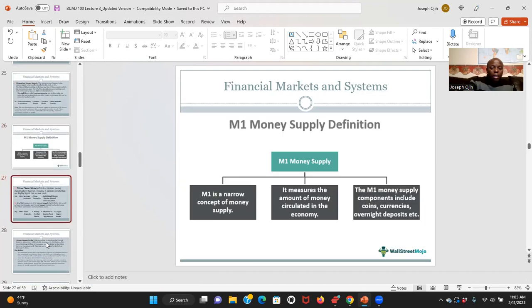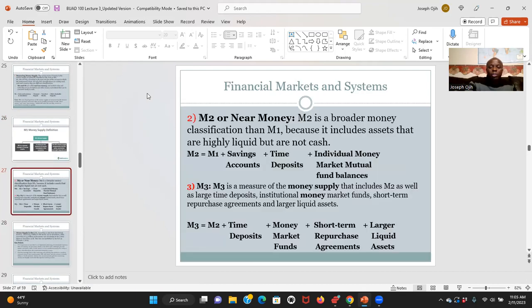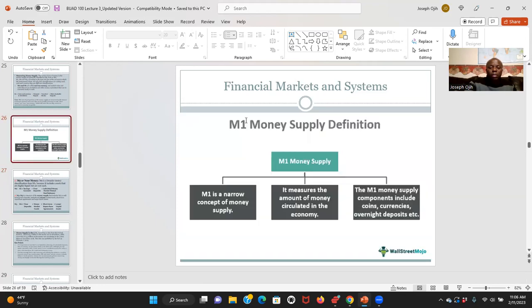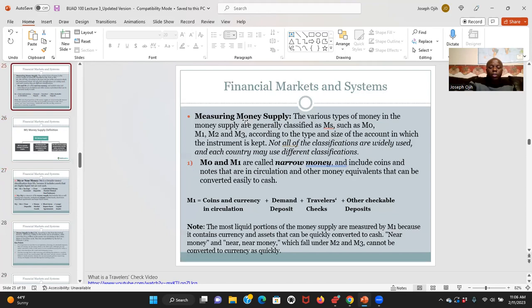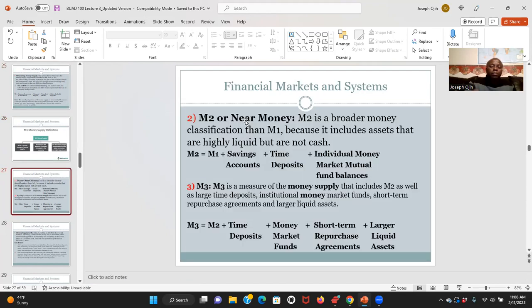Now, the second way of describing the money supply is what they call near money. The near money is M2, the symbol we use to represent it.